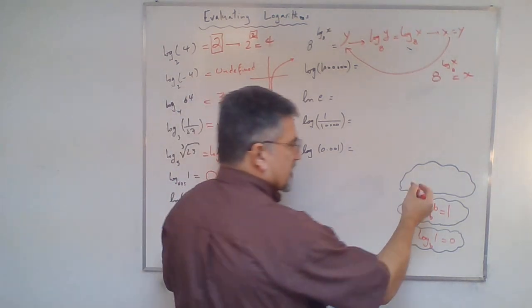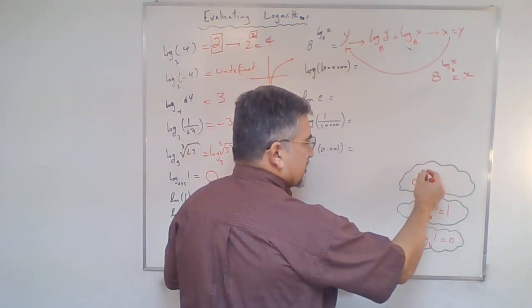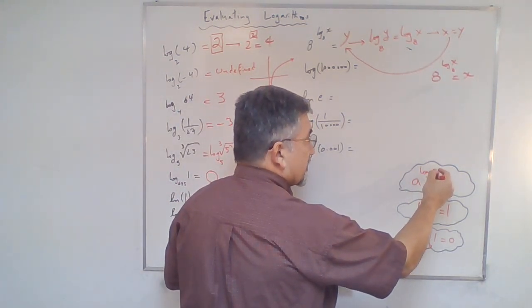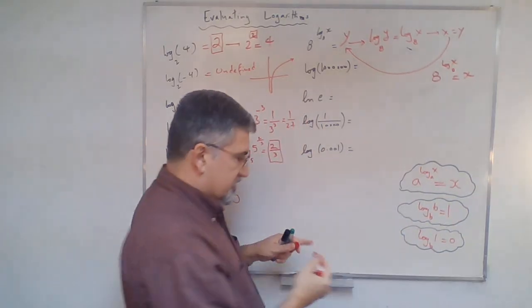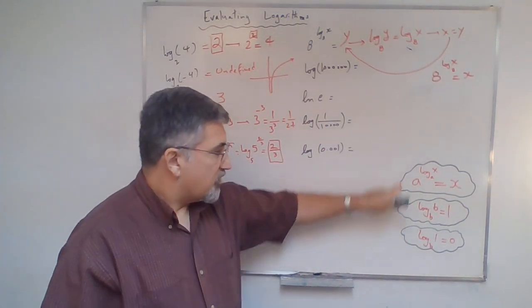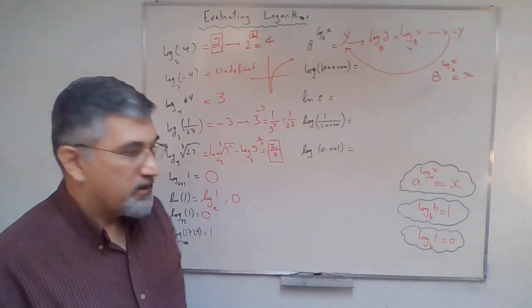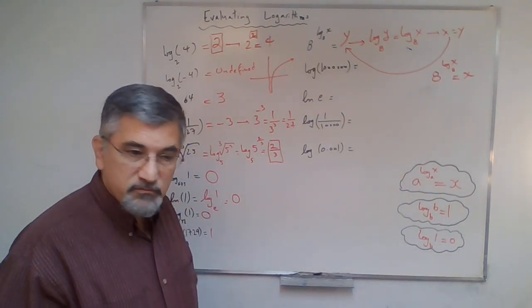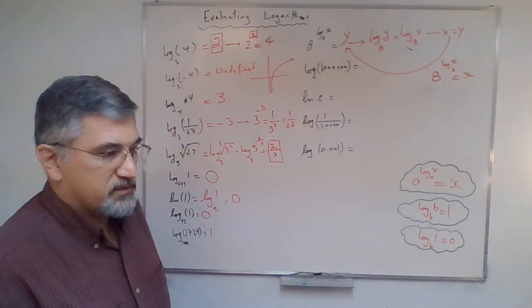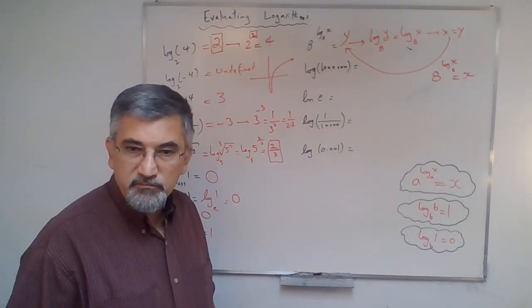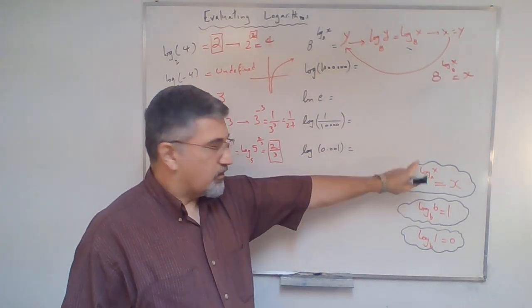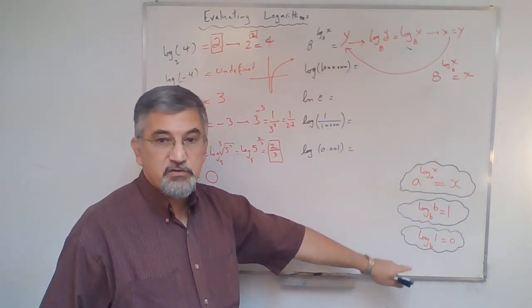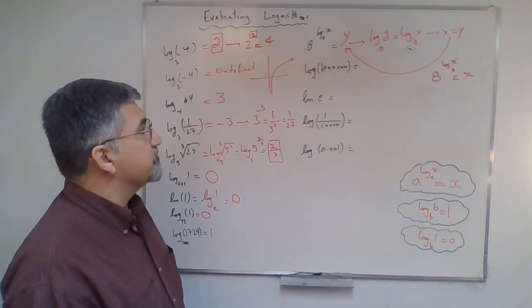So generally speaking, if you have a raised to the exponent of log of x base a, that is going to be equal to x itself. And this is how we come up with these three formulas for logarithm. There's a whole bunch of formulas known as laws of logarithm, which I'm going to explain in future lectures. But right now, on the spot, we came up with 3 of these laws of logarithm.